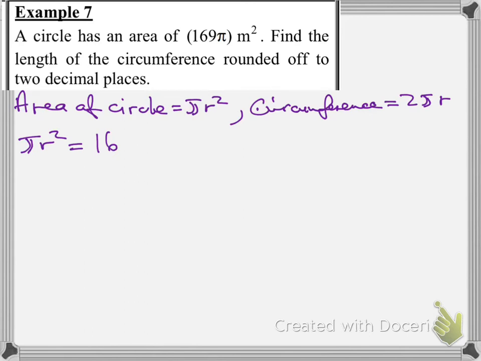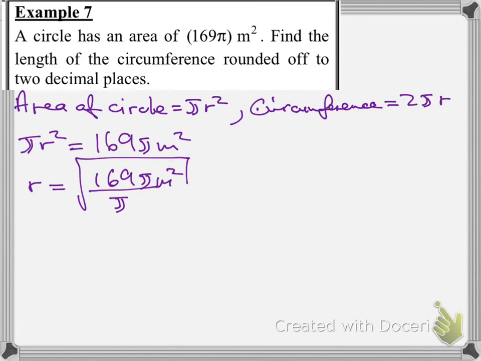So what we need to do is use the area formula to determine the value of r. So solving for r here, r squared will be equal to 169 pi divided by pi, right? We find the square root of that. You see the pi's cancel out, and your r will be equal to 13 meters. Now that we know the value of r, we can calculate the circumference.